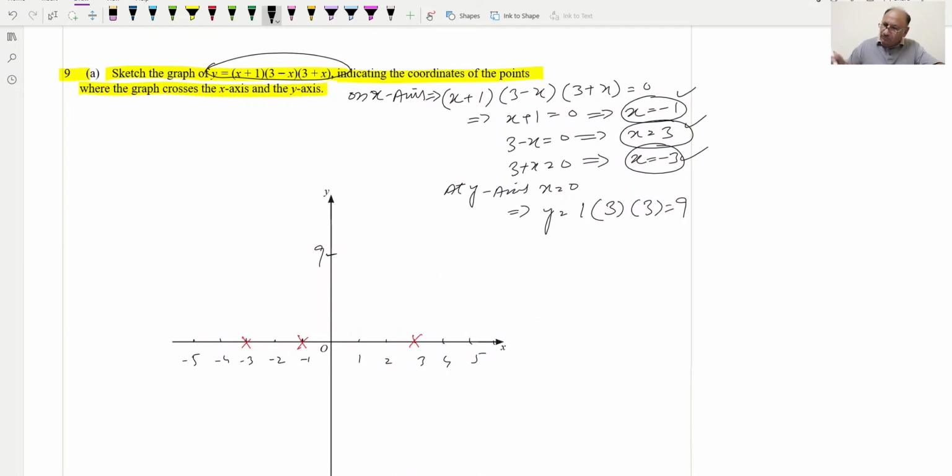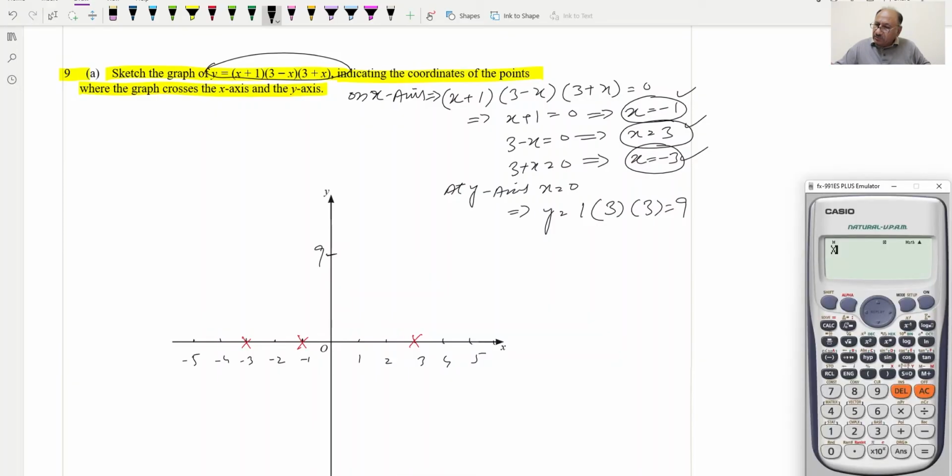The simplest way, if I tell you how to use this one, we will be typing this equation: in brackets, alpha x plus 1, bracket close, and next is bracket 3 minus alpha x, bracket close, and next is 3 plus alpha x. We have typed this equation.